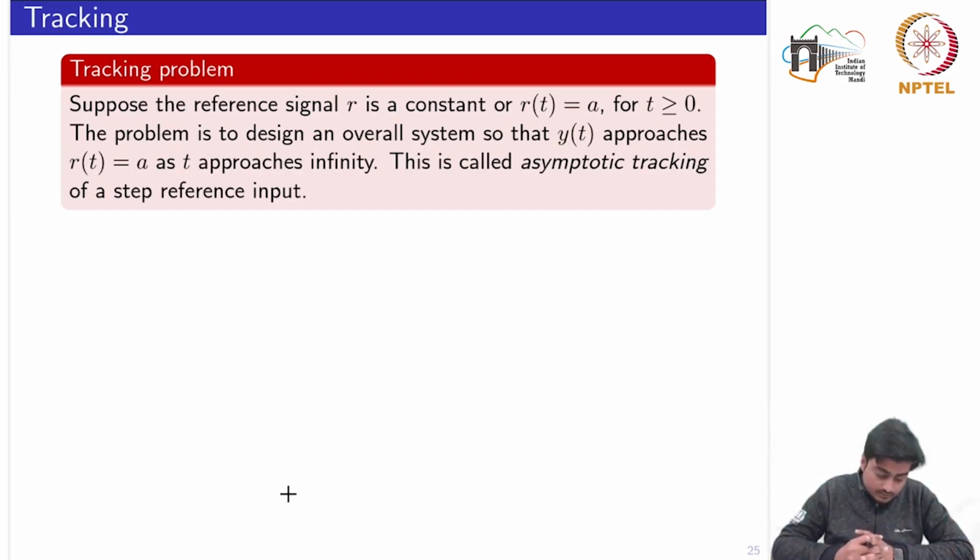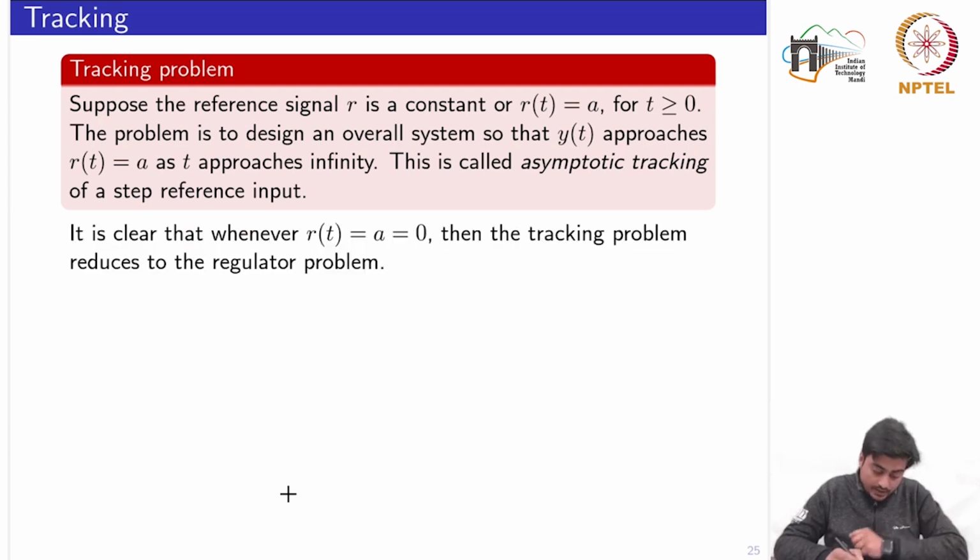Within these two classifications of the state feedback control design problem, if you put R of t, or A, equal to 0, then the tracking problem reduces to the regulator problem.